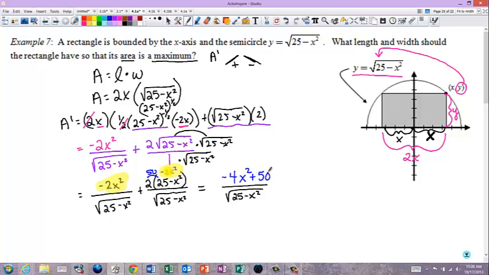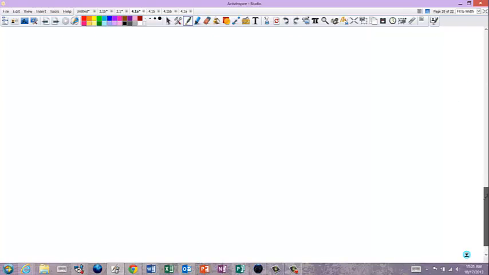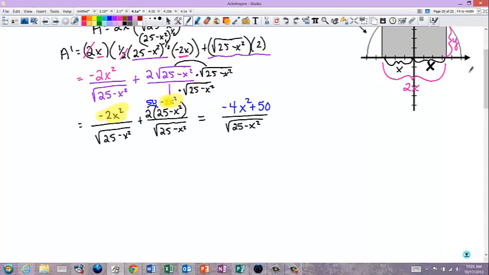Now, remember that the critical numbers occur where your derivative is either 0, so where negative 4x squared plus 50 is 0, or where it's undefined, so where the square root of 25 minus x squared is not equal to 0.